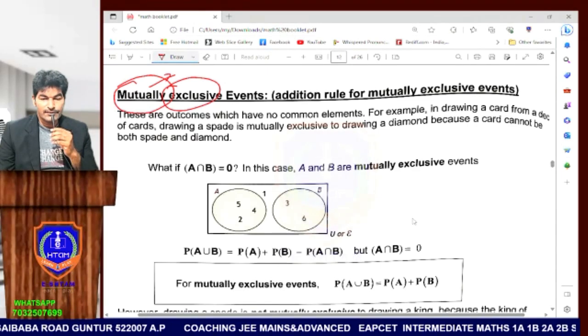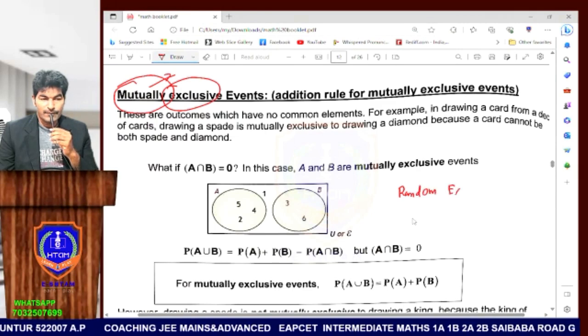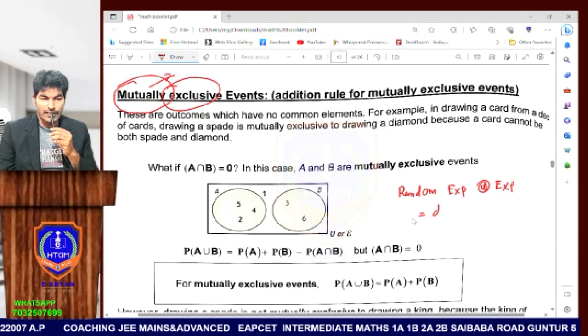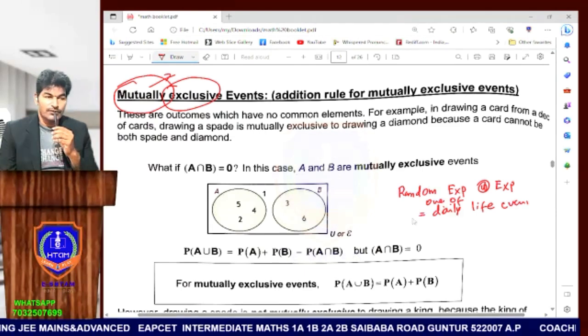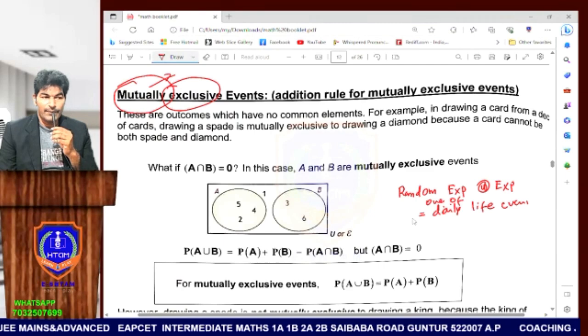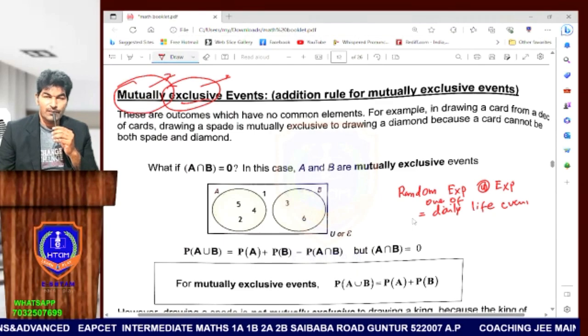In other words, in our daily life, two or more things happen and they are happening at the same time. Exclusive means it is not possible.